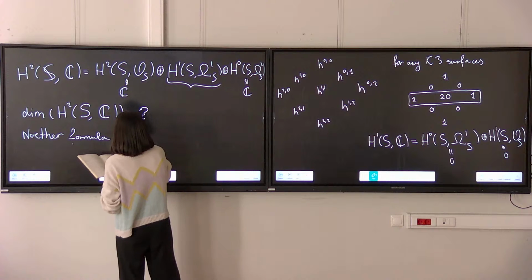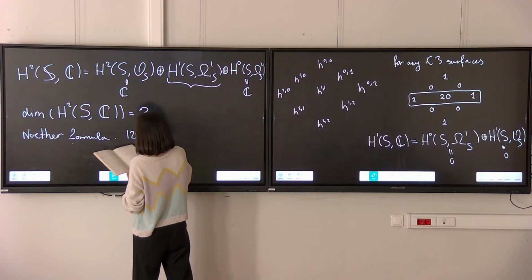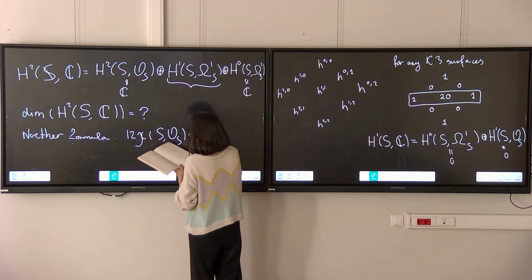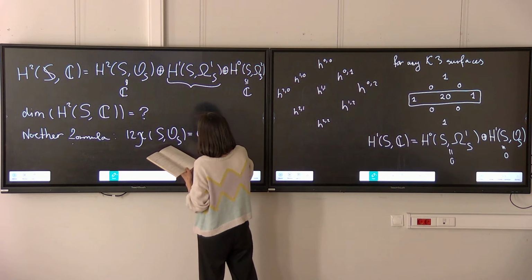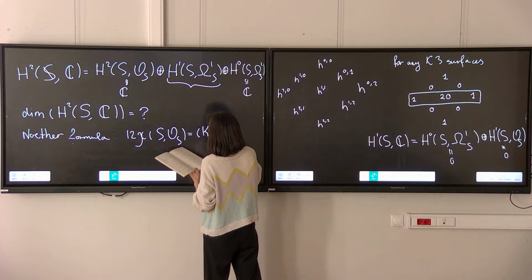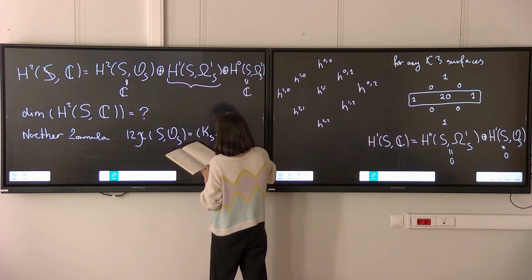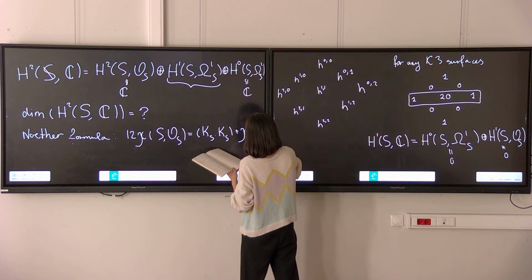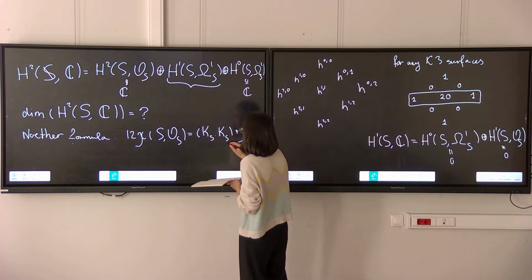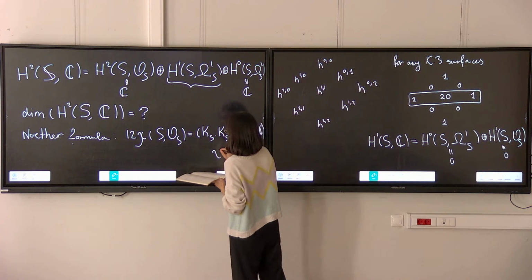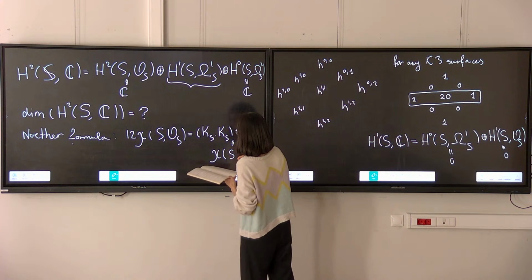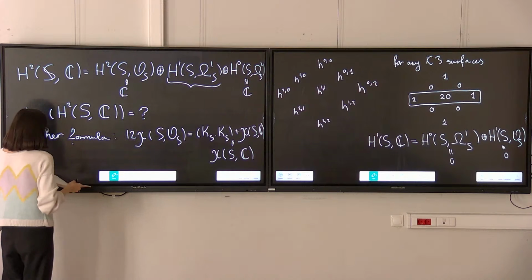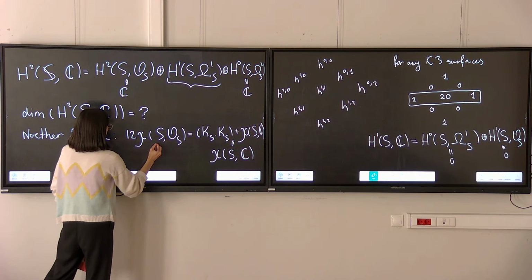That tells us what? That tells us that the Euler characteristic of the structure sheaf for any smooth surface is given by Noether's formula, the self-intersection of the canonical class of S. And last time we computed this.